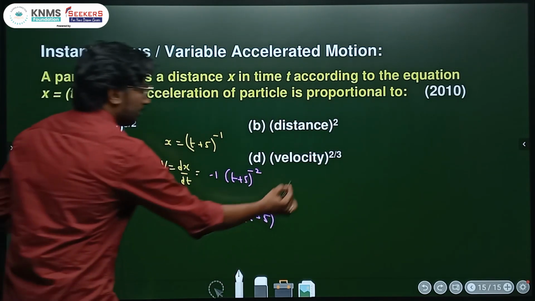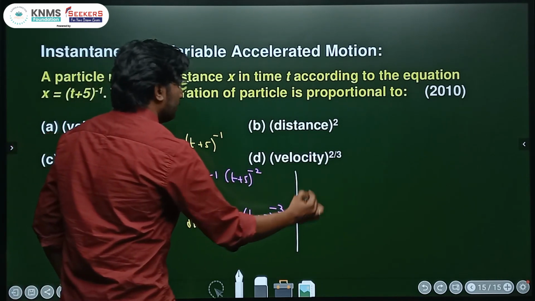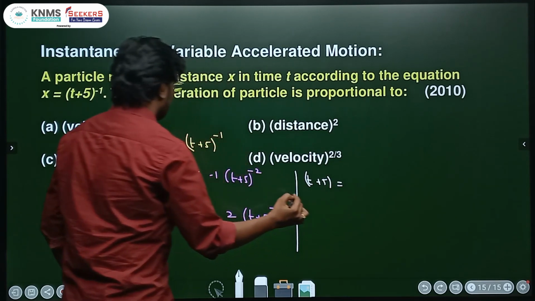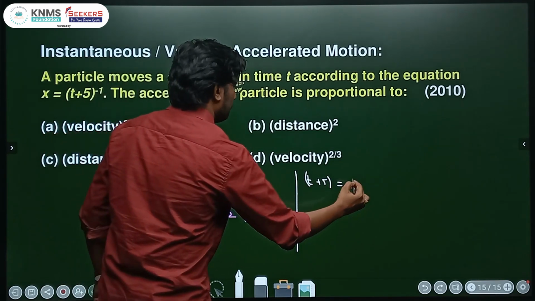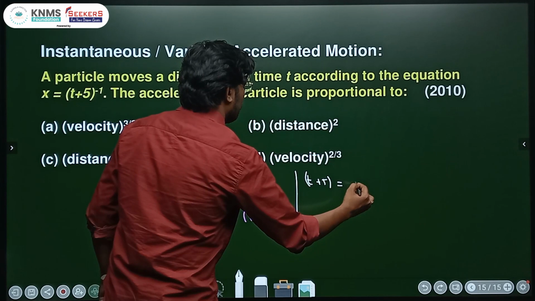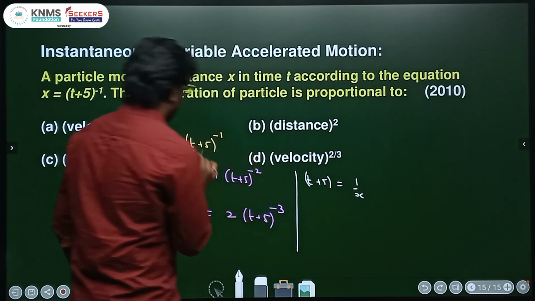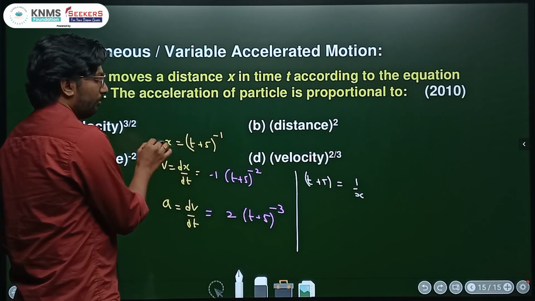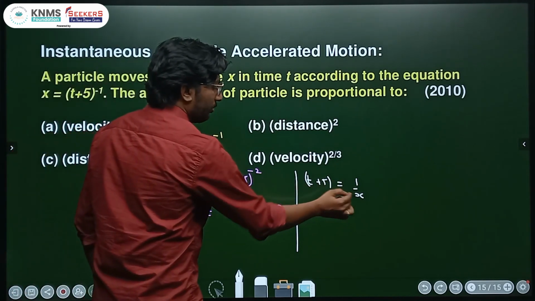So we can write t plus 5 as 1 by x. You can take this as 1 by t plus 5 and take it to the other side, and if you bring x to the right hand side, it will be 1 by x.